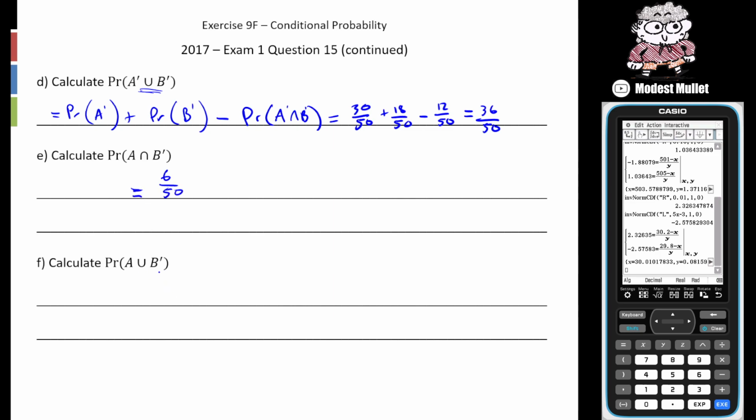Calculate the probability of A union B dash. Again, it's a union, so we're going to need to do an addition rule. We're going to get probability of A plus probability of B dash, take away probability of A intersect B dash.